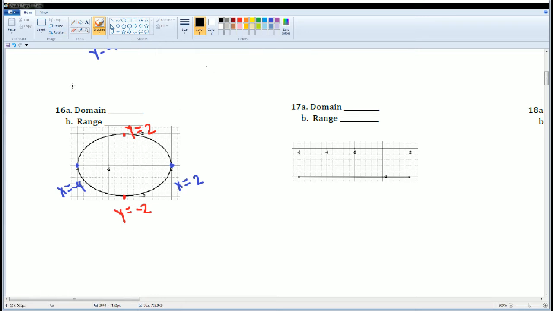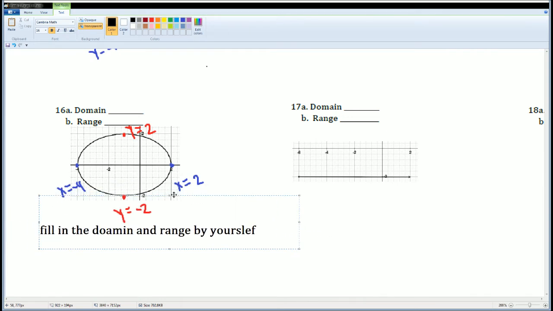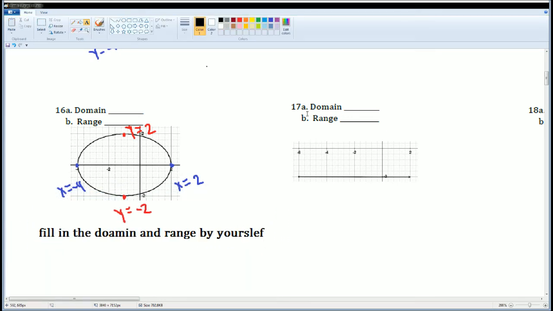You're going to fill in the domain and range by yourself. You should be able to do this, right? Let me give you some assistance to help you along.